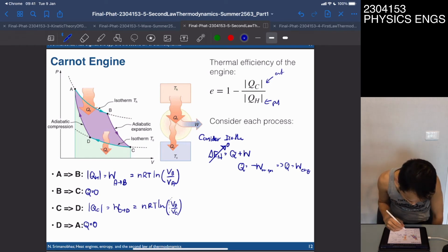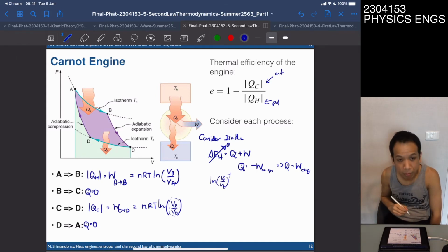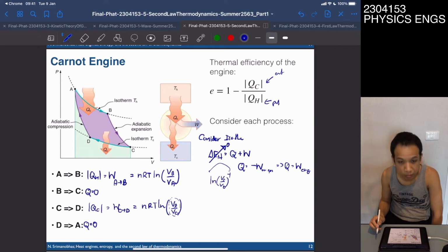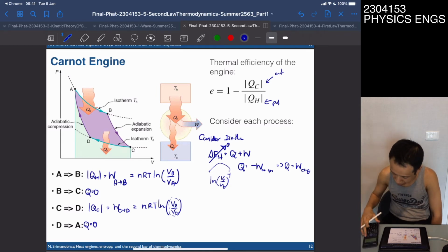It means this thing is going to be log of VC over VD, to the power of minus 1, and then you take the minus out. Do you understand? For example, I can give some numbers so that you can see. Just a second.